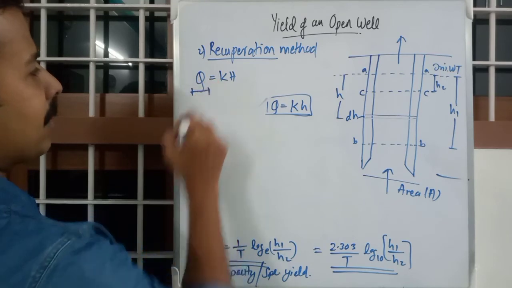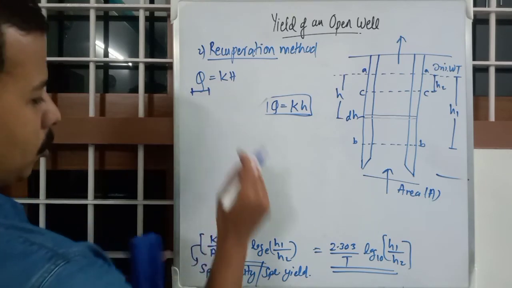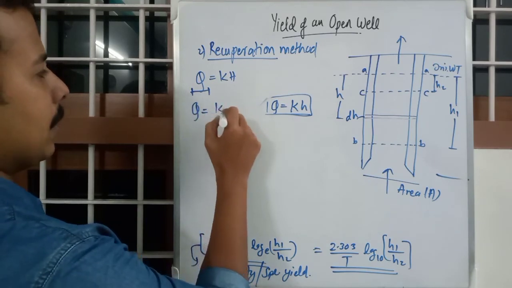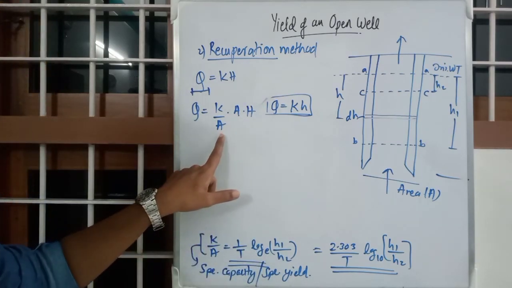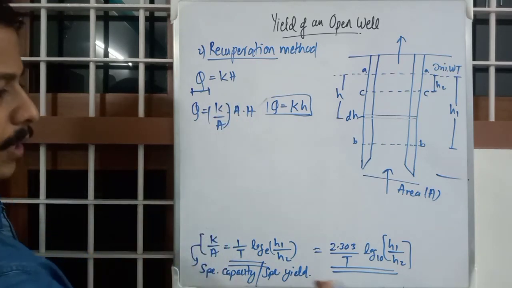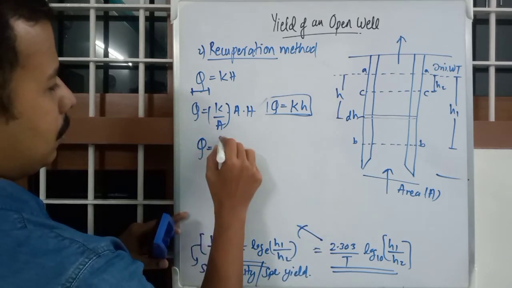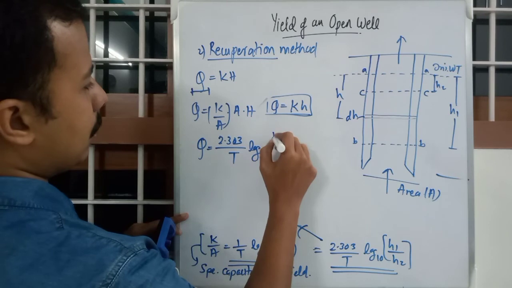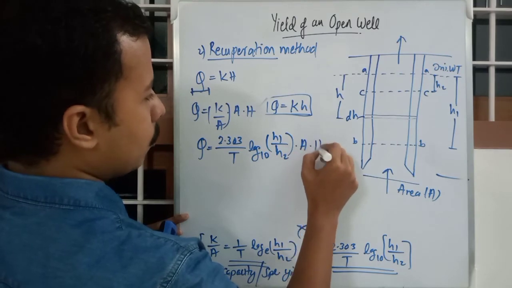Our final requirement is finding the yield, or Q. So to find Q, we have to incorporate this into this equation. For that I am writing Q is equal to K by A into H, dividing and multiplying with the cross-section area A. So I have K by A here, and I can substitute this. So Q is equal to 2.303 by T log to the base 10, H1 by H2, into A into H.